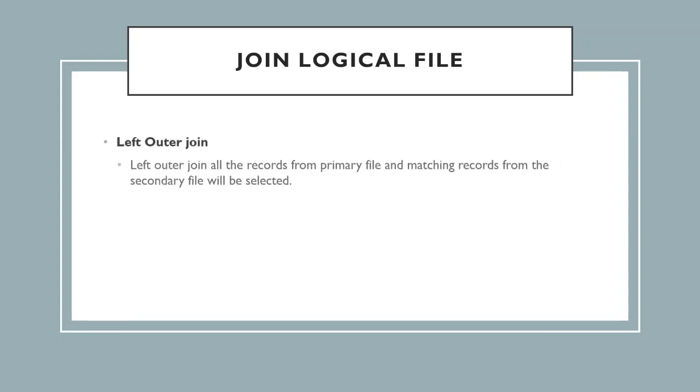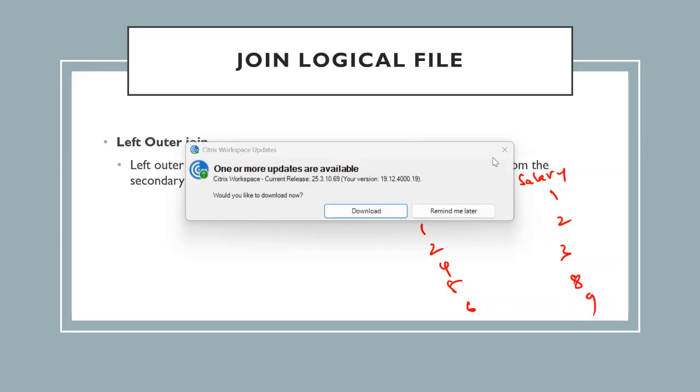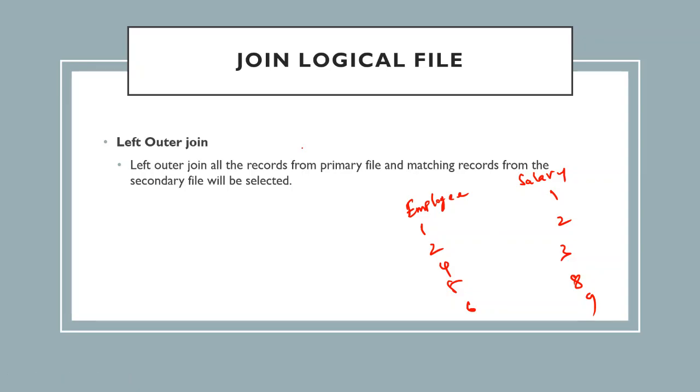Now left outer join. Take the same example: you have an employee file, and you also have a salary file. Here you have 1 2 4 5 6, and here you have 1 2 3 8 9. If I do the left outer join on these, what will I get?